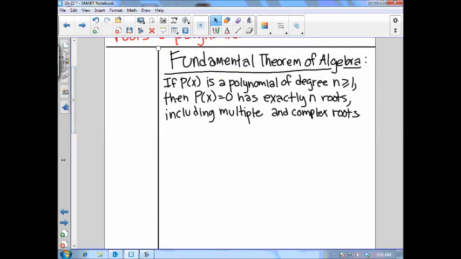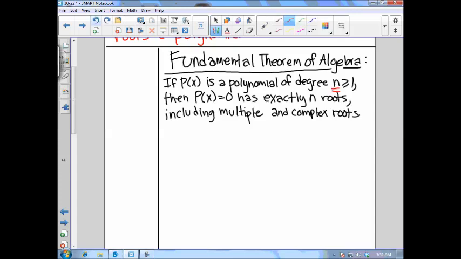The fundamental theorem of algebra is: if P of x stands for the polynomial function, and P of x is a polynomial of degree n, so the degree has to be greater than or equal to 1, then when we set it equal to 0, it has exactly n roots.